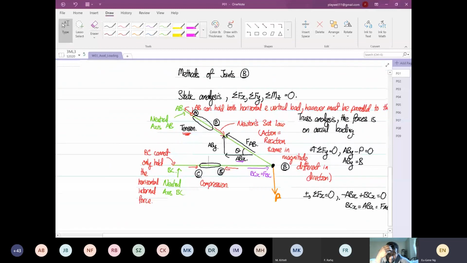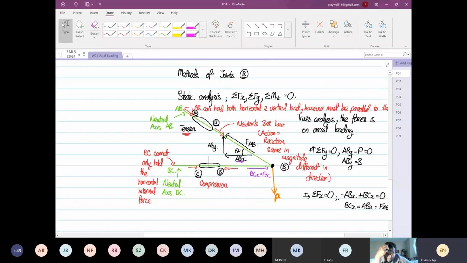So these are the rules for how you could identify whether the structure is in tension or in compression. But more important of all, I've convinced you that in truss analysis you are focusing on axial loading only. You are not considering the bending moment and the shear force, which we will do later.